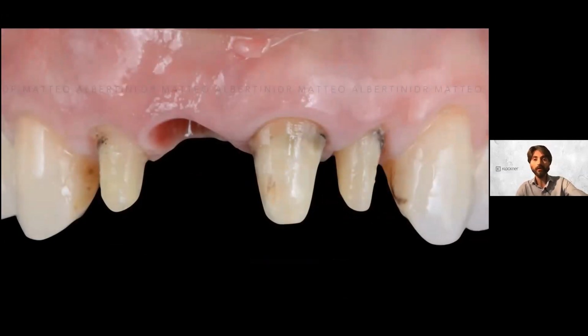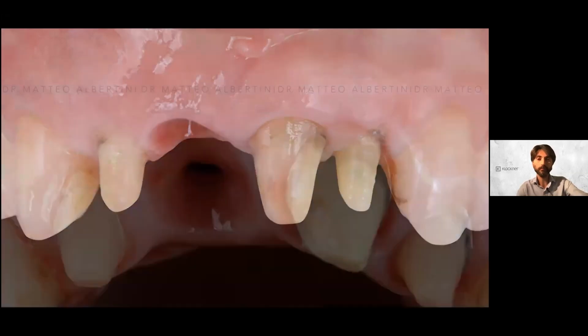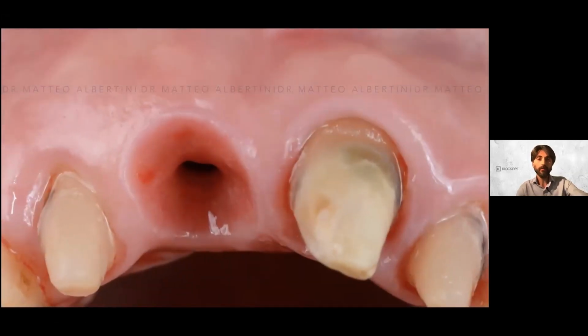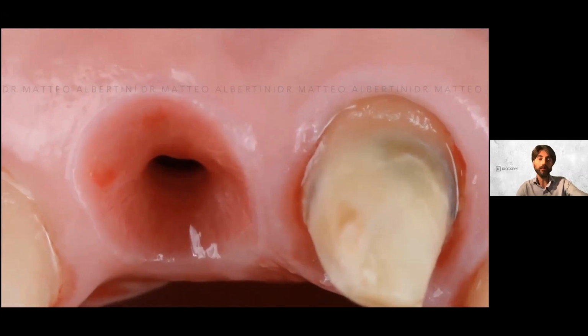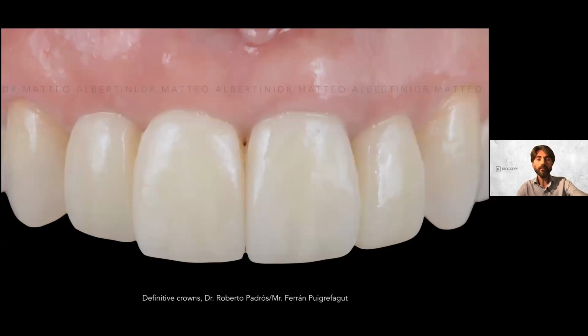After 1 or 2 months of conditioning, we can have this good shape of the soft tissue with a good thickness, thanks as well to a very small platform of these implants. It's a Vega implant. And finally, we can restore the case.